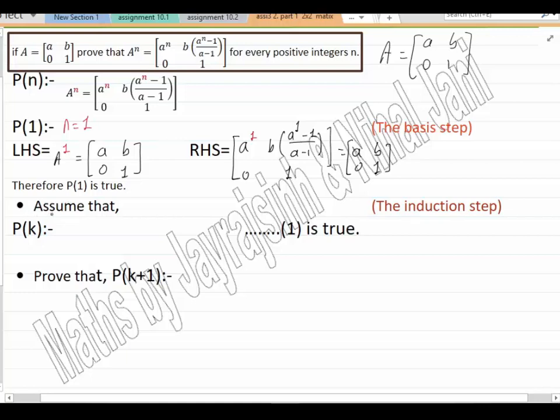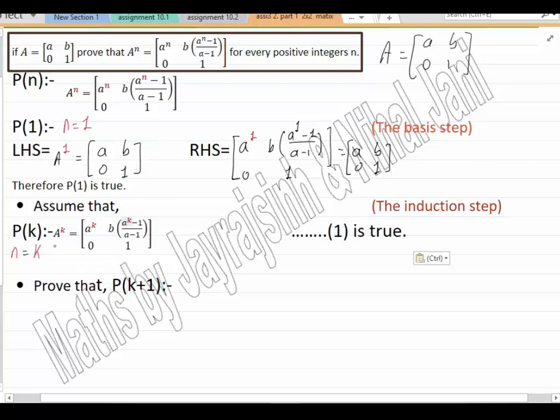Okay, now let's go to the second step, the induction step, in which we have to assume P of k, which can be obtained by putting n equal to k: A raised to k is equal to the matrix a raised to k, b a raised to k minus 1 upon a minus 1, 0, 1 is true.